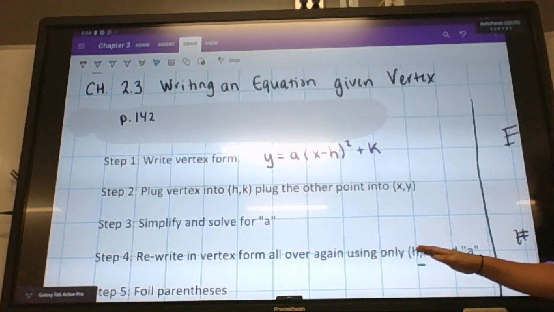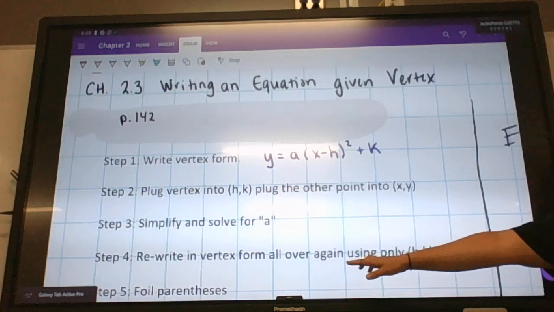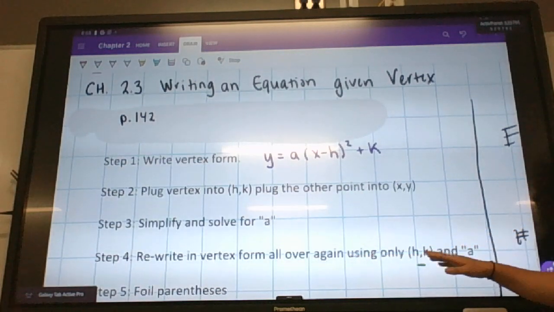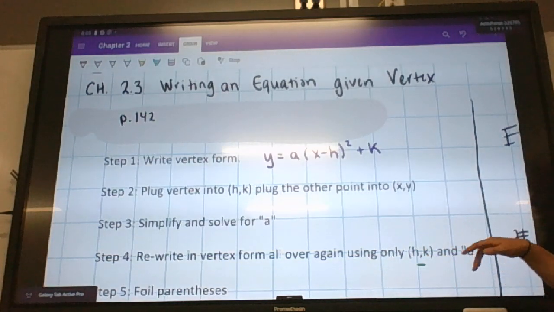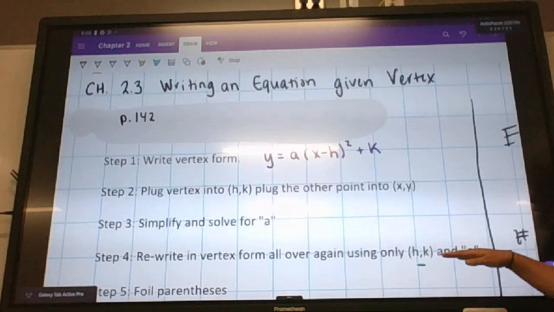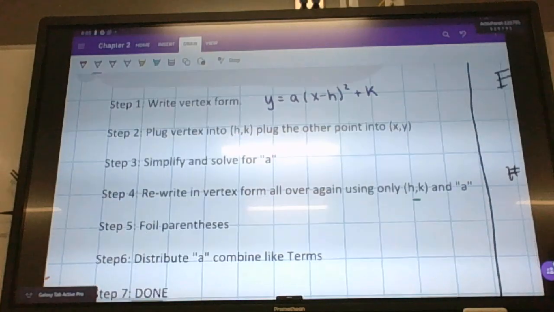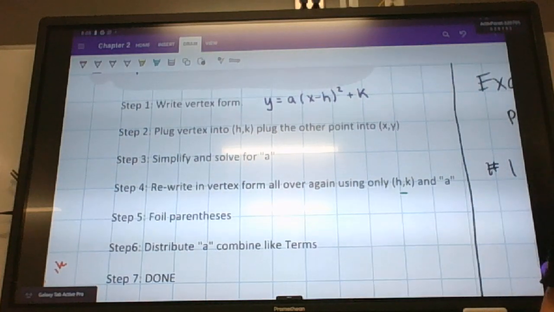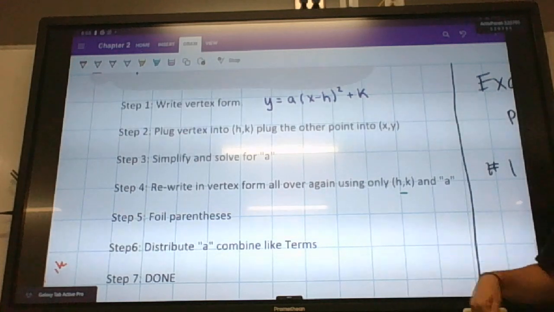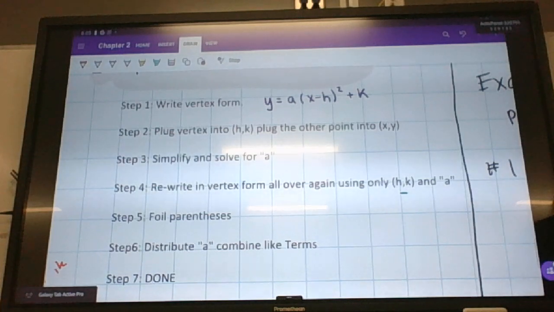Alright, so step 4 is where things get tricky. You're gonna rewrite vertex form all over again. And this time you're only gonna use the h and the k, the vertex, and the a value. So this time you don't plug in for x, y. Then you're going to FOIL the parentheses, distribute a, combine like terms, and then you're done. 7 quick steps.